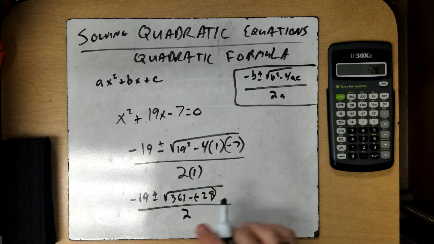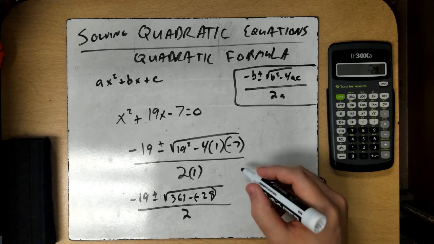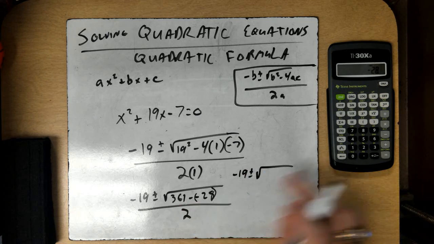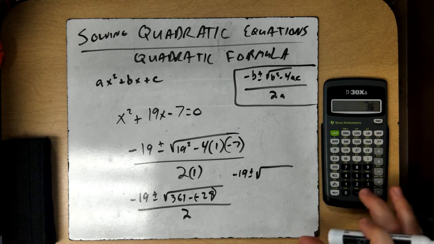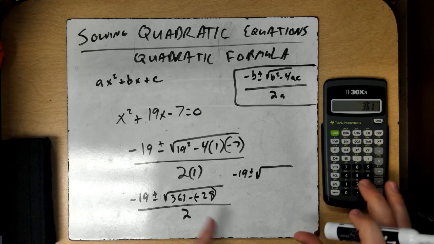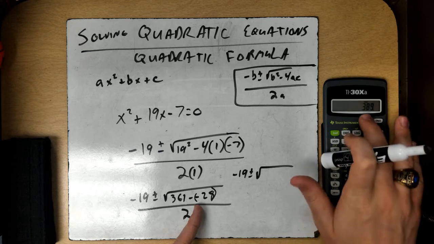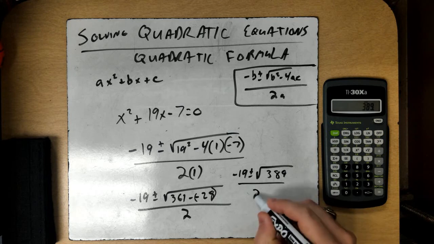So now let's solve inside our square root. I'm going to have to erase some of this in a second here. So negative 19 plus or minus the square root of 361 minus negative 28 equals 389.